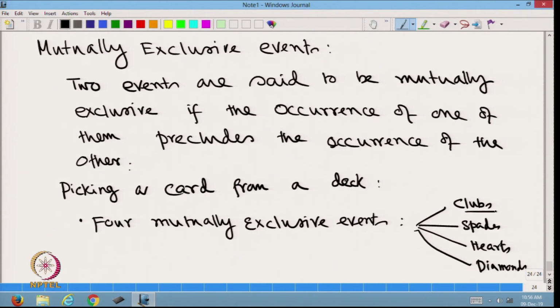So, if I get a club, we know that we cannot get a spade or a heart or a diamond, and similarly for other events.